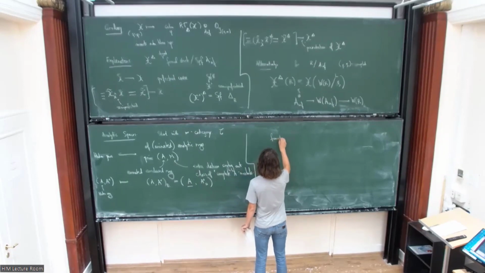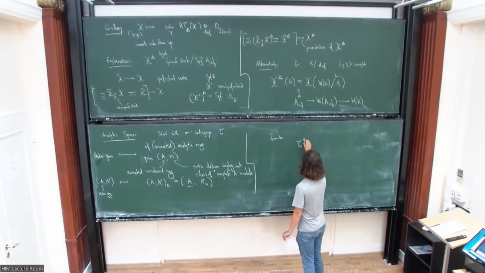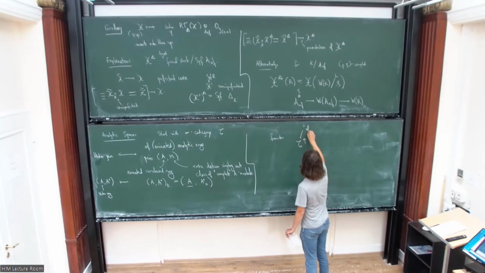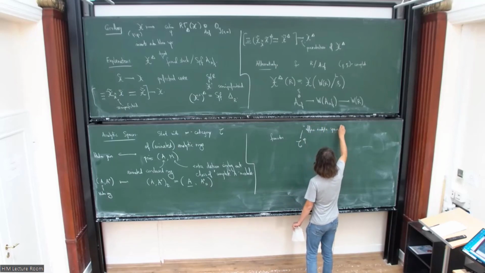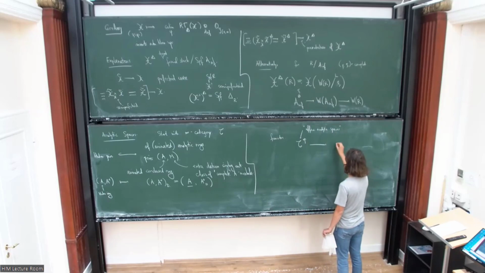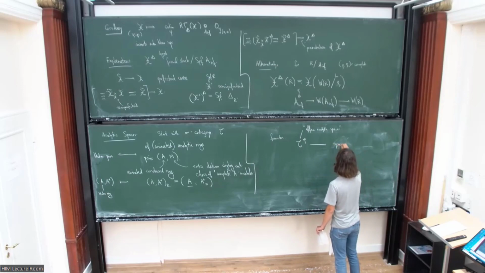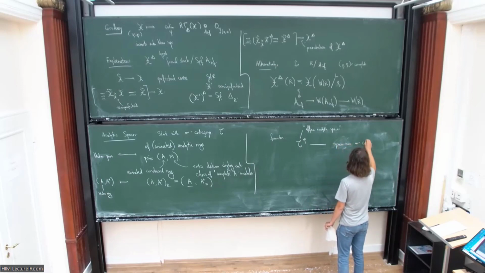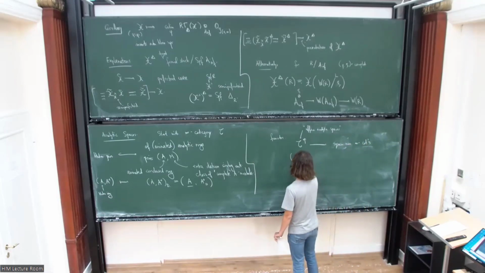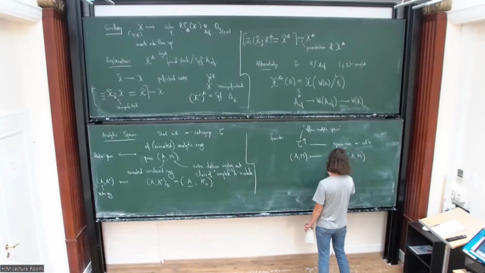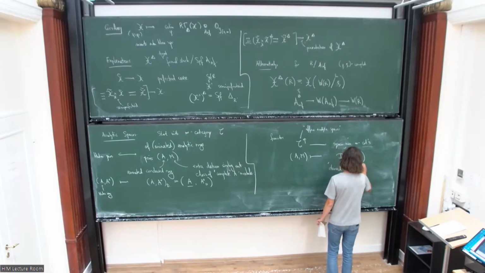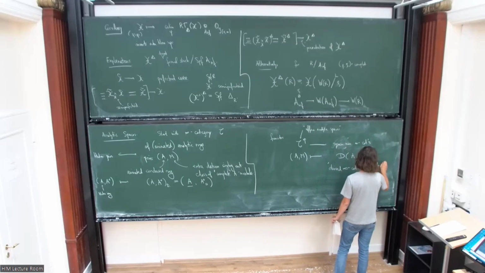And so then we have a functor from what one might call analytic spaces to the category of categories, which takes any such pair A, M and sends it to the right category of complete A-modules.